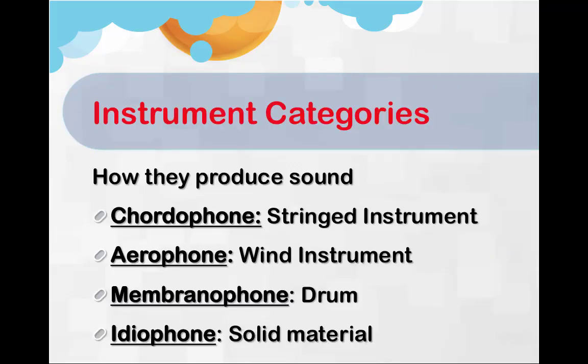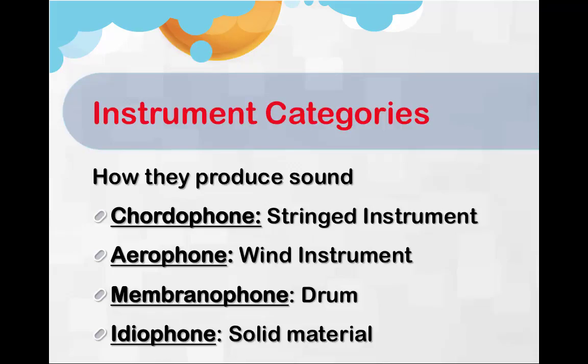Okay, so we had those four instrument categories: strings, woodwinds, brass, and percussion. There are musicologists who were working in Germany in the early 20th century who decided that we needed another way to organize instruments because they were discovering instruments from around the world that didn't really fit into these sections of the orchestra.